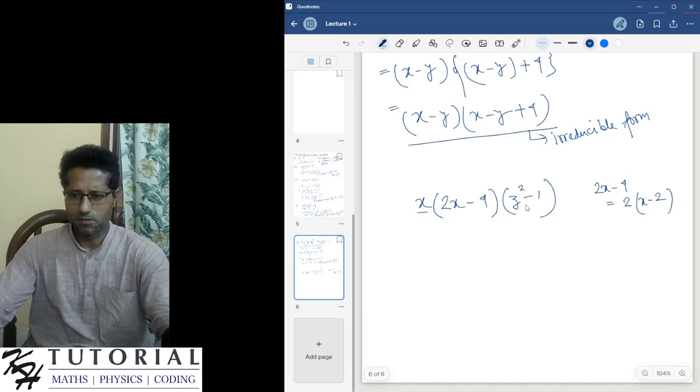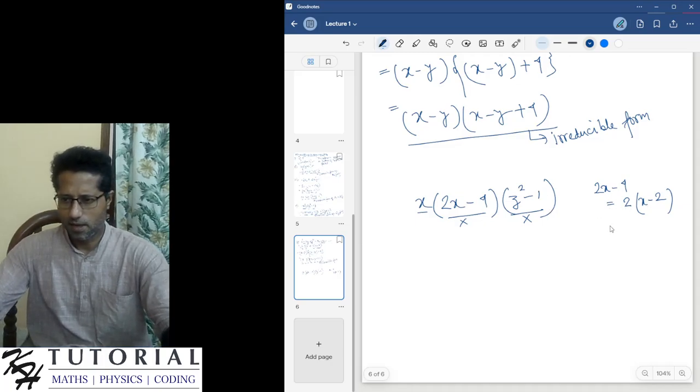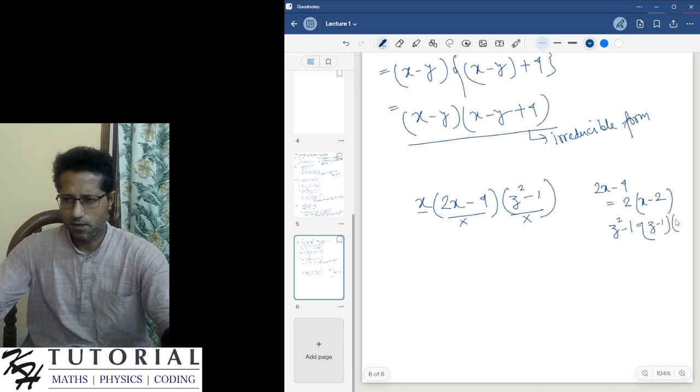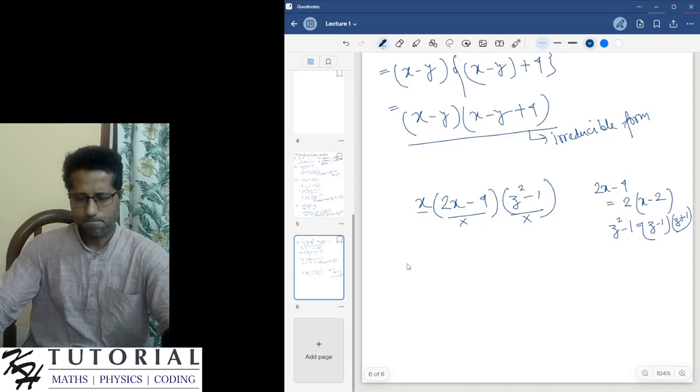Similarly, z square minus 1 is equal to z minus 1 multiplied by z plus 1. So the irreducible factor of this algebraic expression is x.